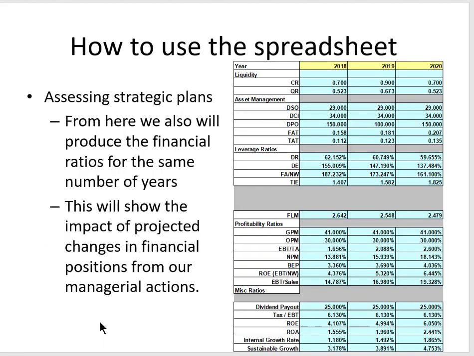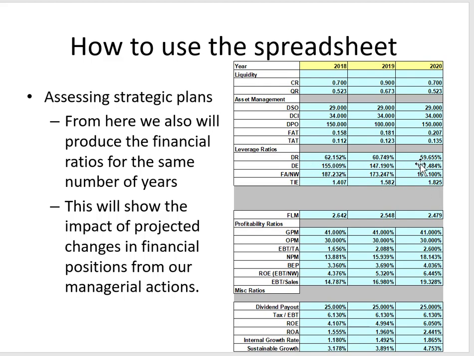That, of course, could flow through then, and you could look at how it would affect the ratios and the performance of the company moving forward. You can see here the current ratio obviously changes from year to year. We see there are changes here in the TIE ratio, which reflects some financing.